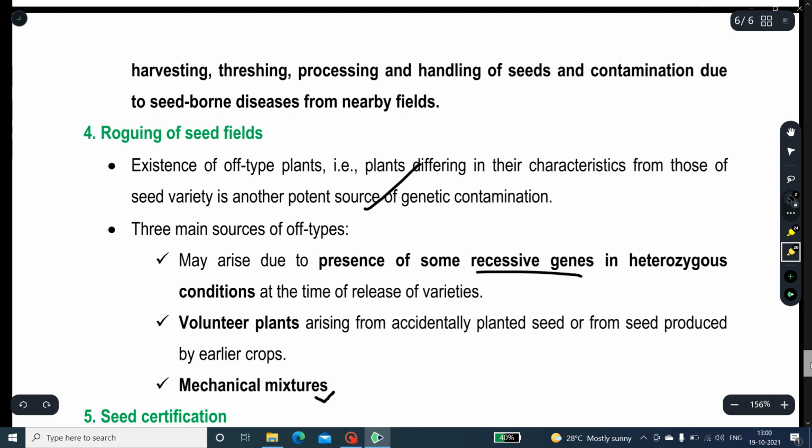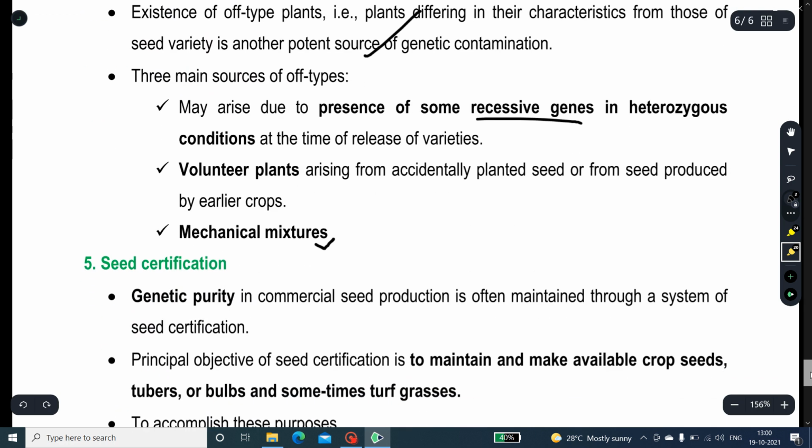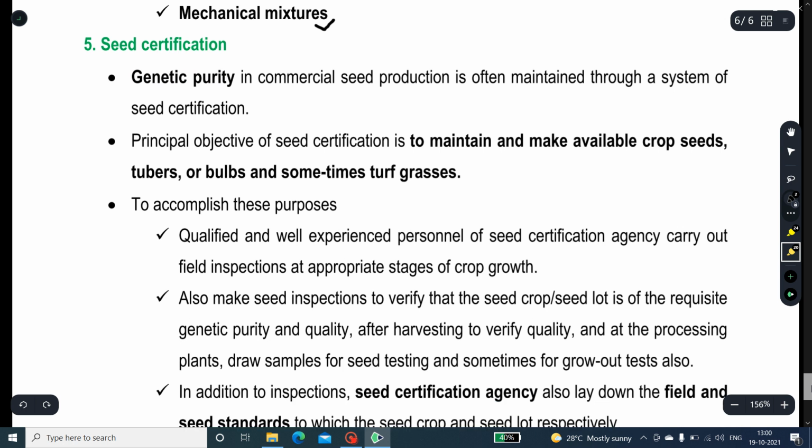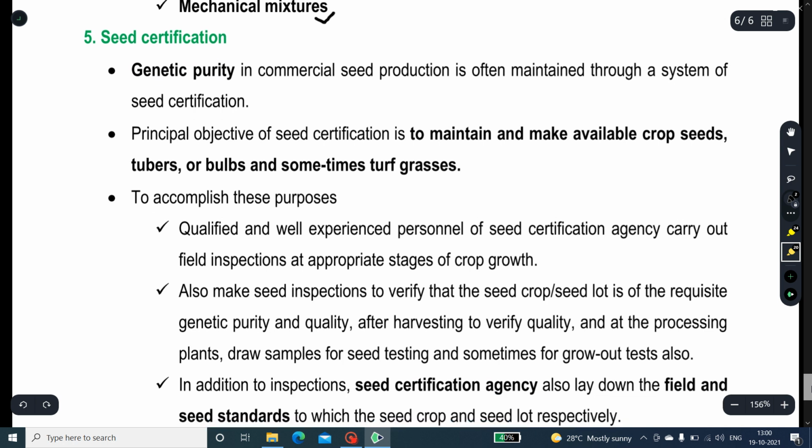And the next important aspect is seed certification. The genetic purity in commercial seed production is often maintained through a system of seed certification. We are going to see the seed certification in detail in further videos, but here we are going to see a few points.